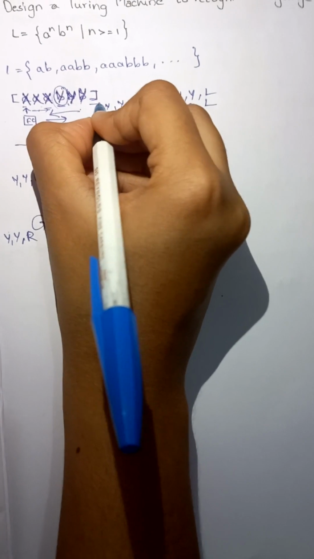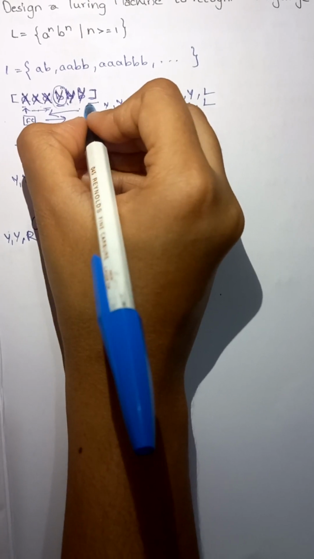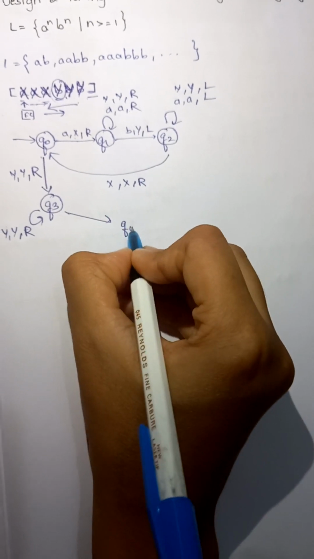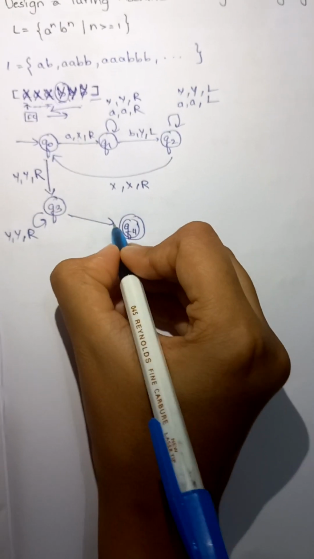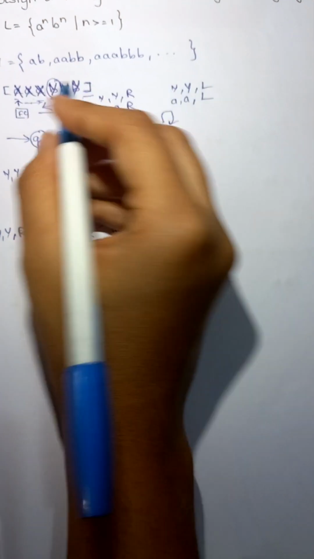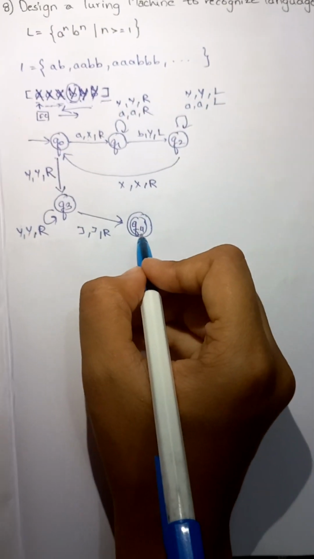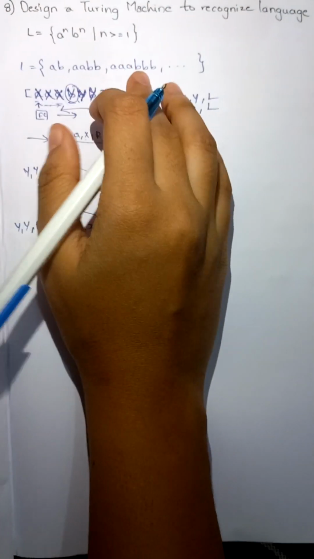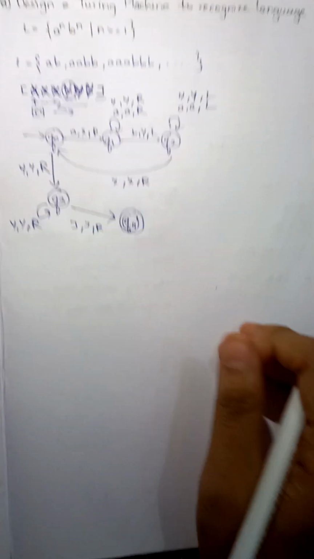So after Y's, when the blank is encountered, it goes to the final state Q4. When the input string reaches the final state, then that string is accepted by the given language, that is, equal number of A's and equal number of B's.